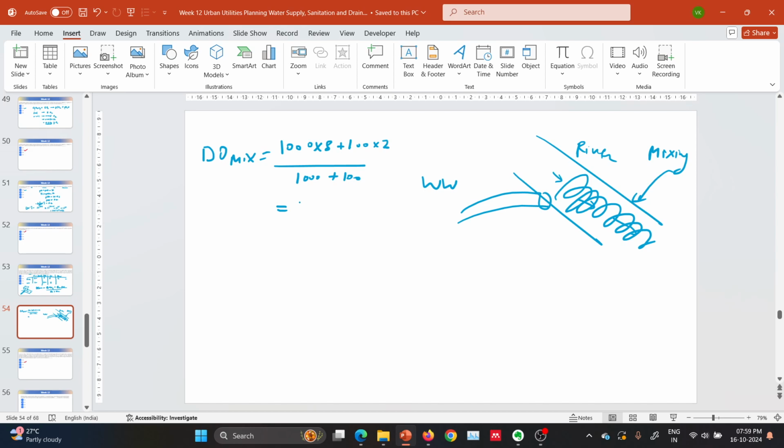So we'll get DO of mix as 7.45 milligram per liter, and the deficit we will calculate as DO saturated, what was the DO saturated, minus DO of the mix.